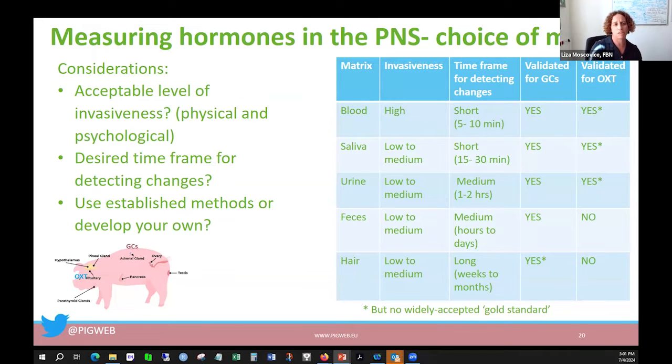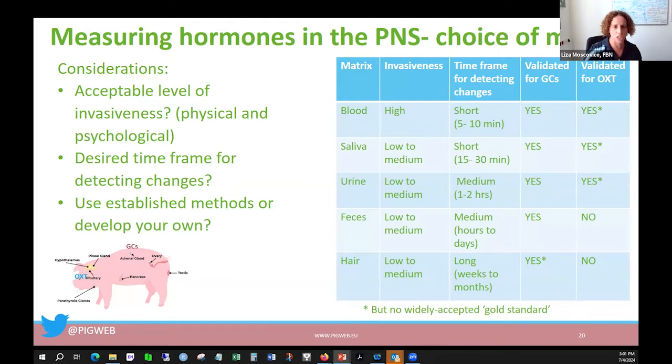You also want to think about the desired time frame for detecting changes. In blood and saliva, you can see changes peripherally after specific stimuli in relatively short time frames. So within 5 minutes in blood, within 15 minutes in saliva, you can see changes. And also typically the peak and return to baseline can happen in under an hour, although of course this depends on the intensity of the response, right?